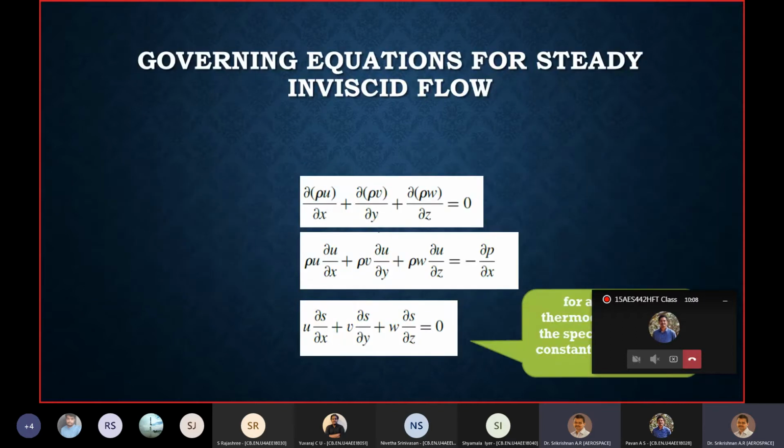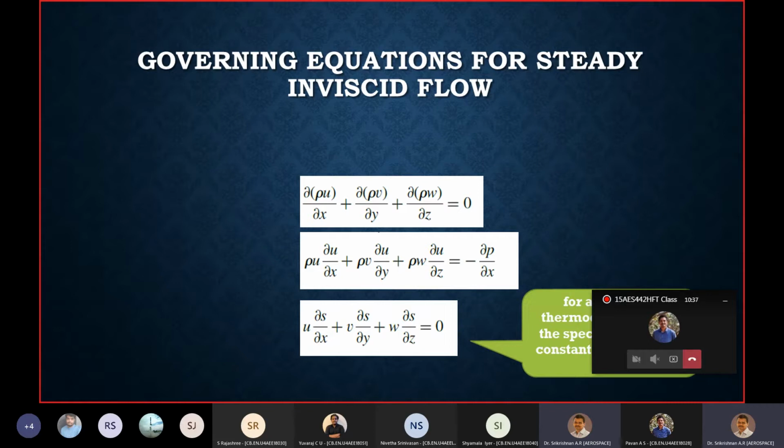Now, what we are going to do is to non-dimensionalize these equations. You would have seen this earlier also in other topics, non-dimensionalization of governing equations. What is the big advantage of it? When you non-dimensionalize an equation, when you properly normalize it, we can reduce the number of variables that we need to consider at any given point of time.